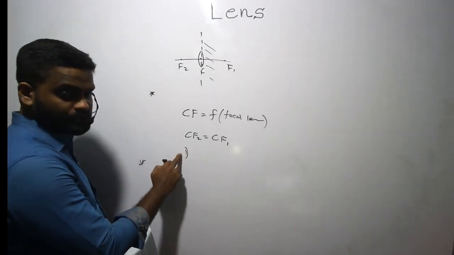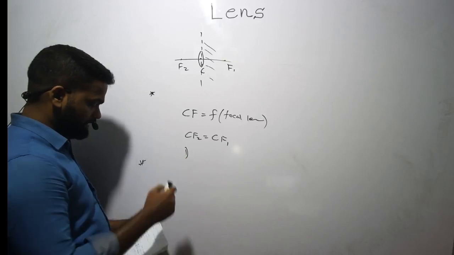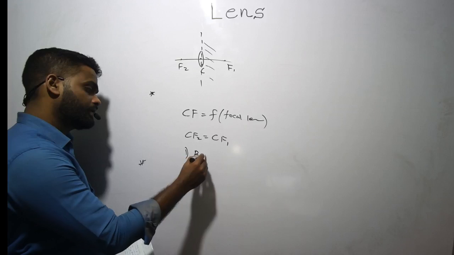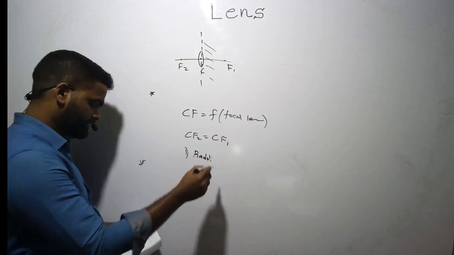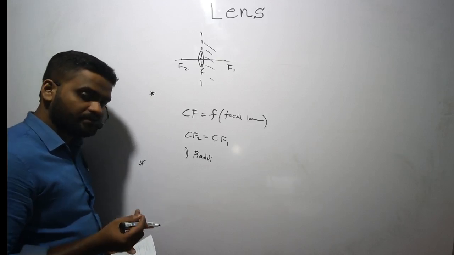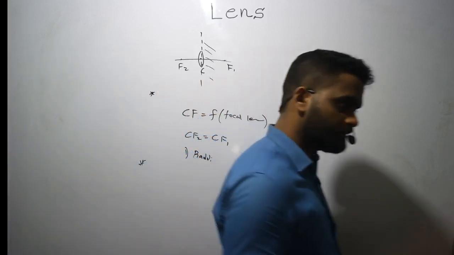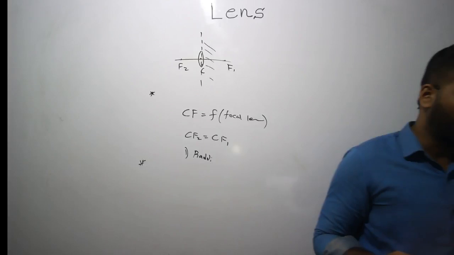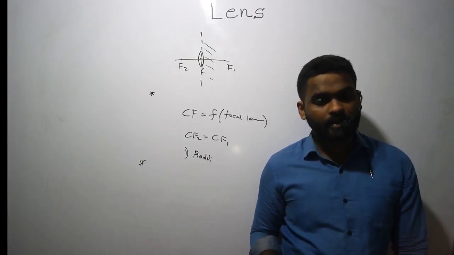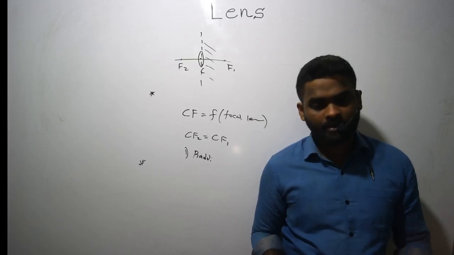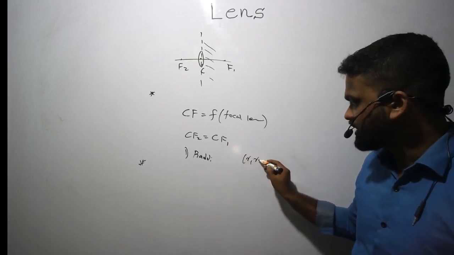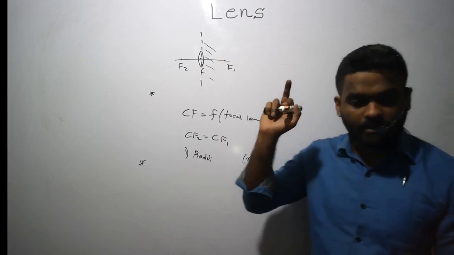Write down the first one: radii of curvature of lens surfaces, within brackets R1, R2. Remember R1, R2?